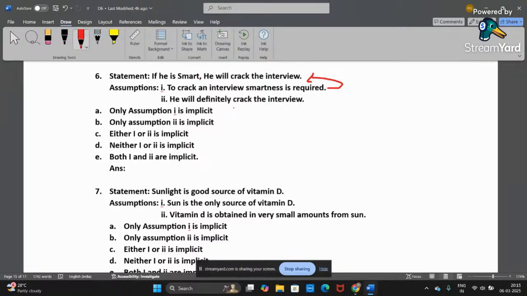But in the assumption, they are telling that he is going to crack the interview definitely. So this is explicit. If he is smart, he will crack the interview, which means smartness is required, so the first one is correct. So only assumption one is implicit. I told you implicit means correct. So answer A.